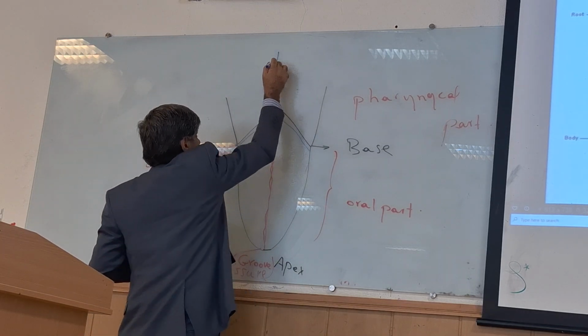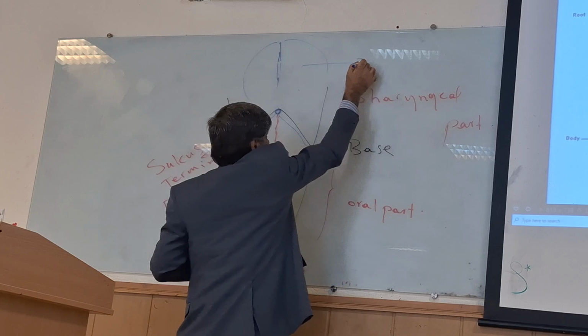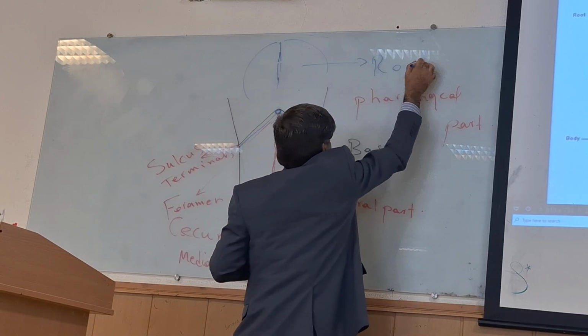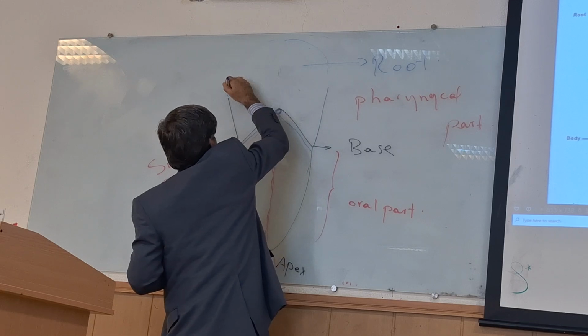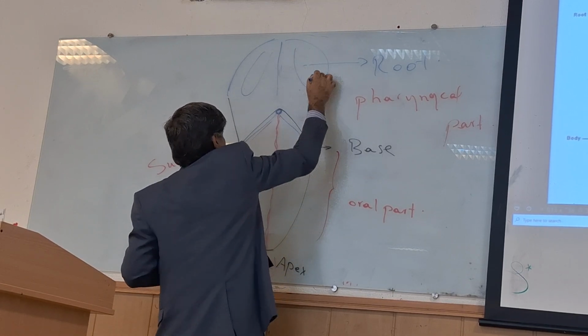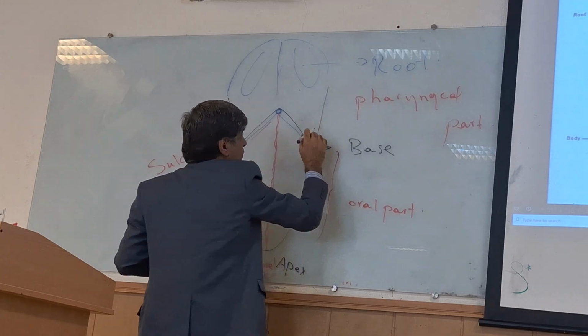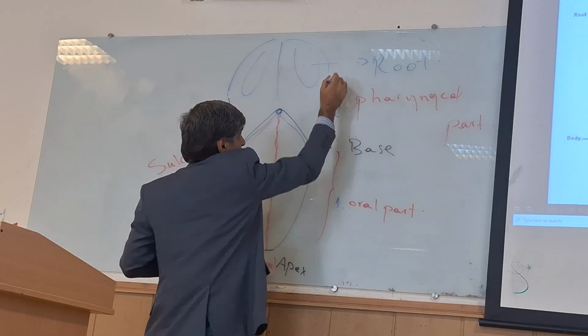And this part, the root, the posterior part. Root contains the oral part and pharyngeal part.